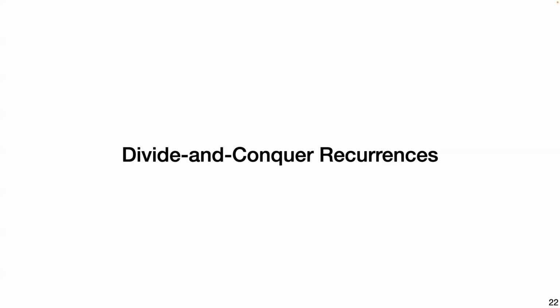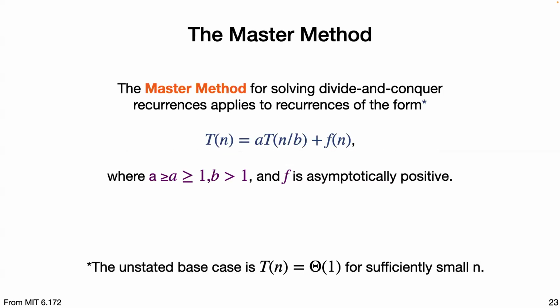Okay, so the next section is going to be about divide and conquer, because like I said, this fork join parallelism lends itself very easily to divide and conquer algorithms. One common method to solve divide and conquer recurrences is called the master method, or master theorem sometimes.